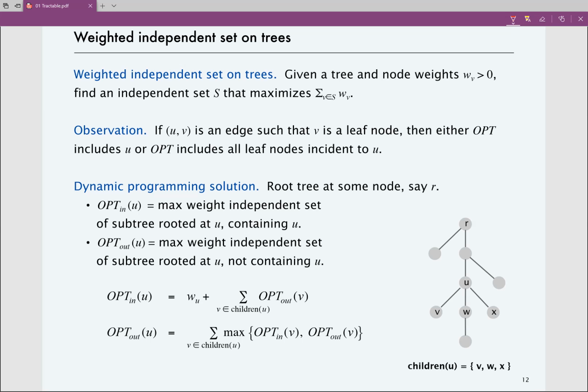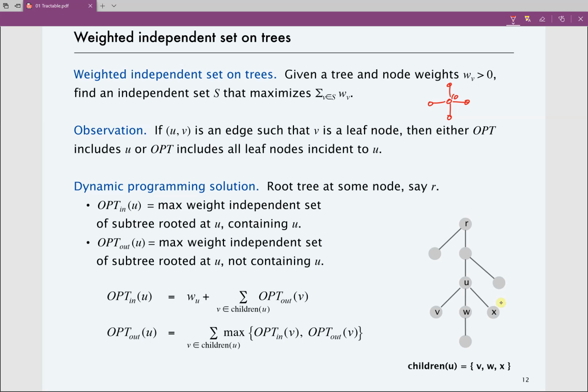As an example of this, suppose you have a graph like this. In the unweighted case, the maximum independent set would be all of these 4 nodes on the outside, so we would have a maximum independent set of size 4. However, if these nodes have weights, let's give some weights to them.